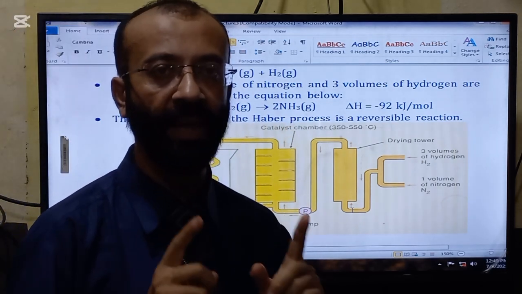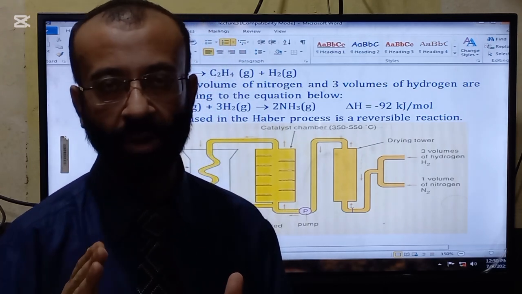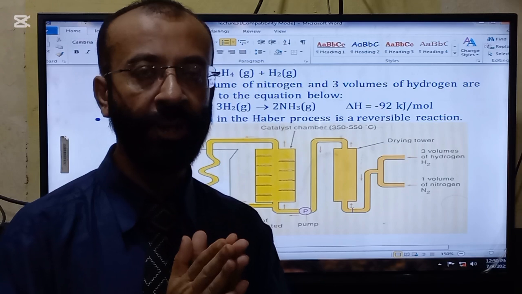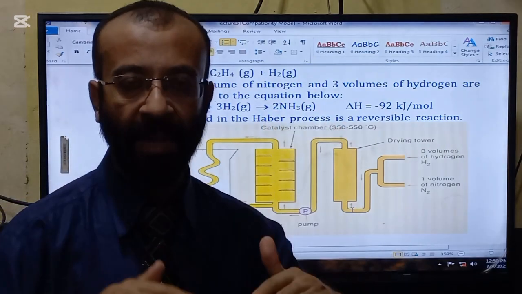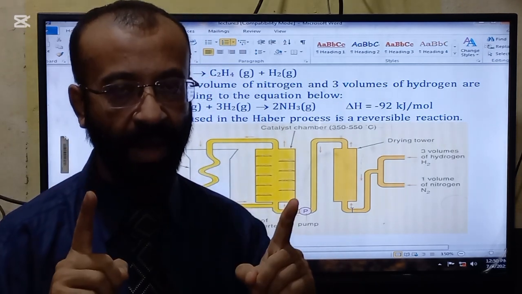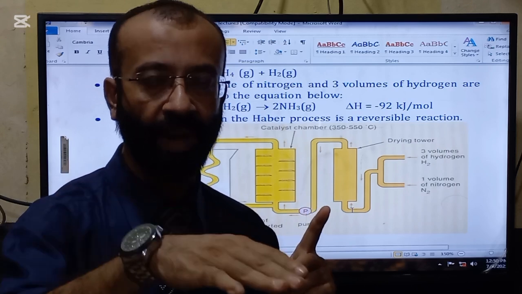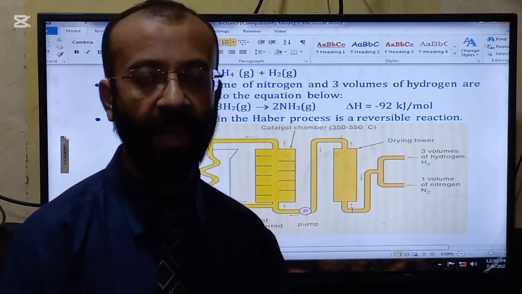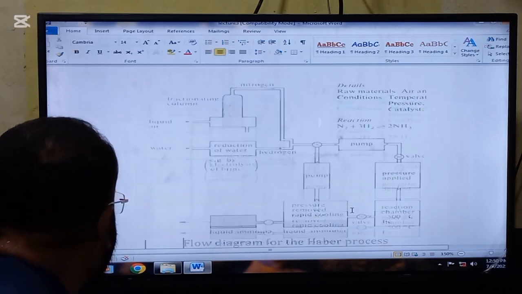So when the moles of the reactants are greater than the moles of the product, according to Le Chatelier's principle, increasing pressure will favor the reaction, and the equilibrium will move towards the right, and the yield of the product will be increased.